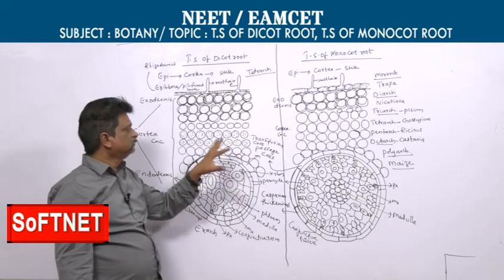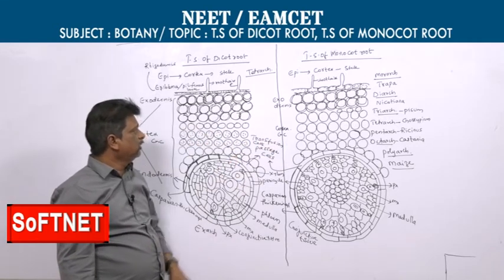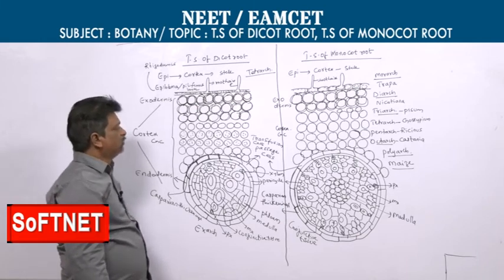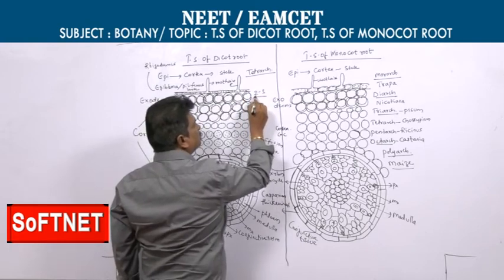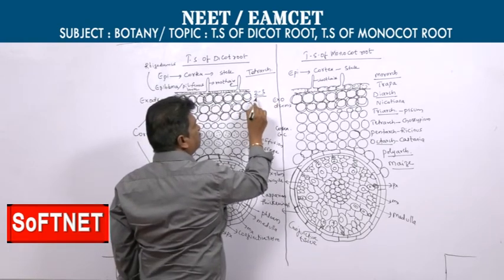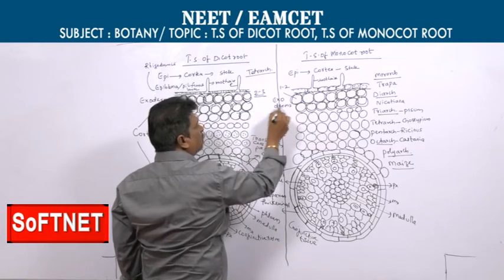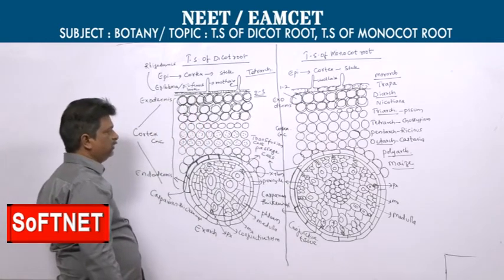So now, differences between dicot and monocot root. First one, exodermis: it is 2 to 3 layered in dicot root, and 1 to 2 layered in monocot root.